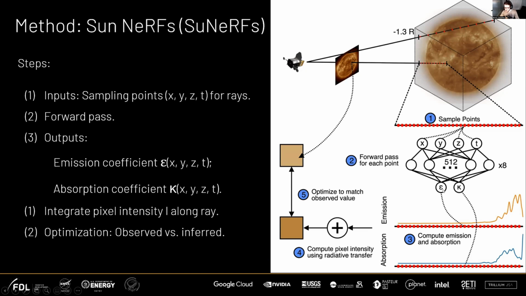What it outputs is, rather than providing an RGB color scheme and a density, which is what a classic neural radiance field would do, here we're actually going to estimate an absorption coefficient and emission coefficient, because we want to connect this to radiative transfer, or at least some basic form of it. So for every position and time, we're estimating an absorption and emission coefficient. And you get something like you're seeing at the bottom, where you have profiles along the sample points of what the emission and absorption coefficients are.